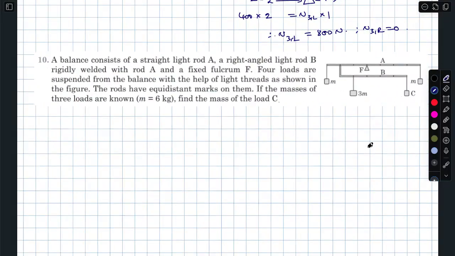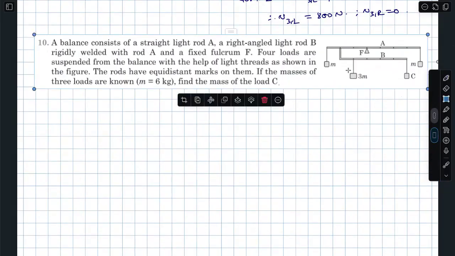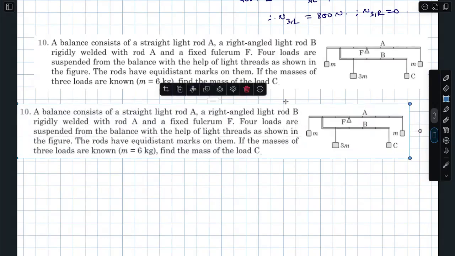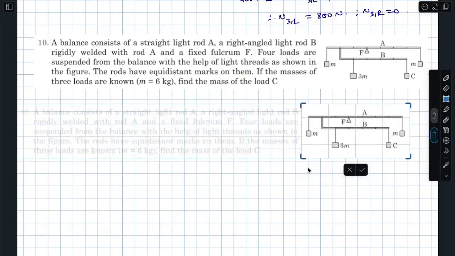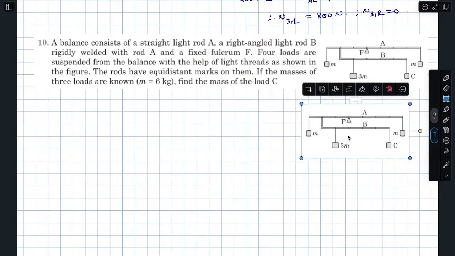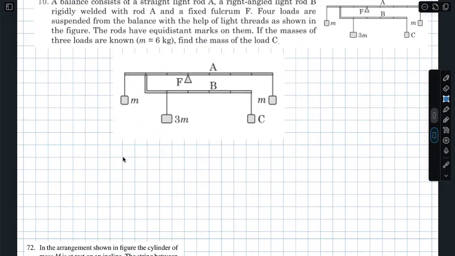See, what I would like to see is, according to me, this diagram is one single rod.